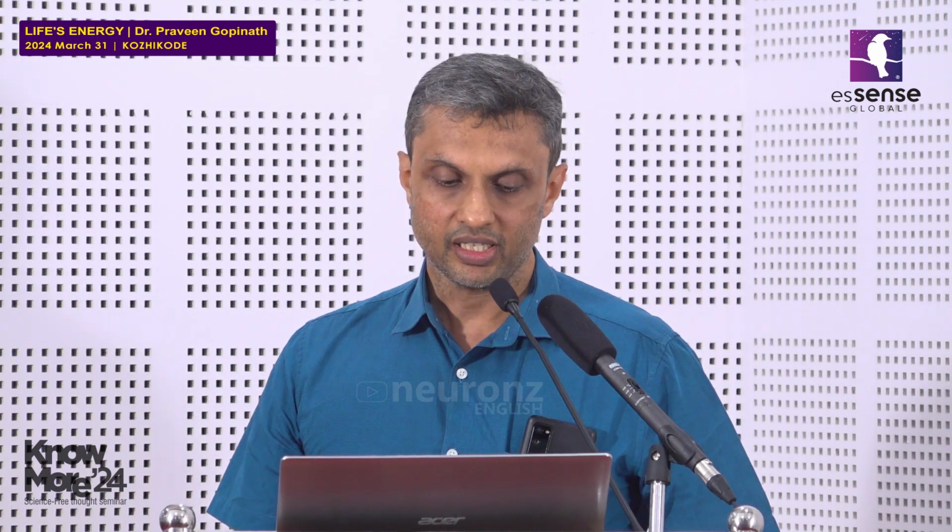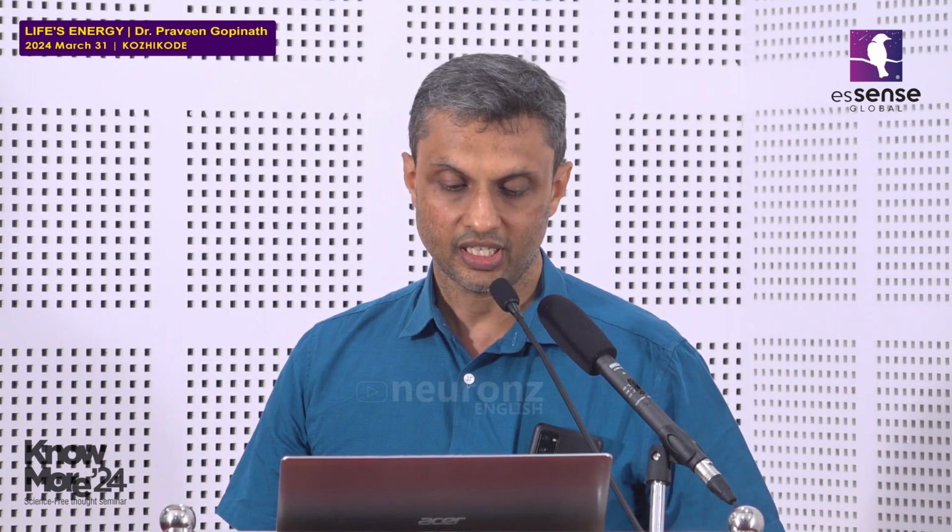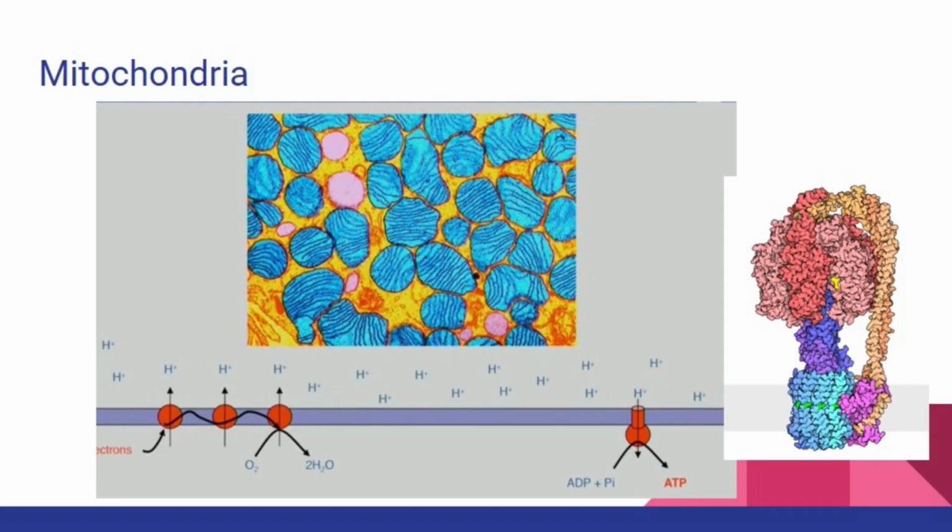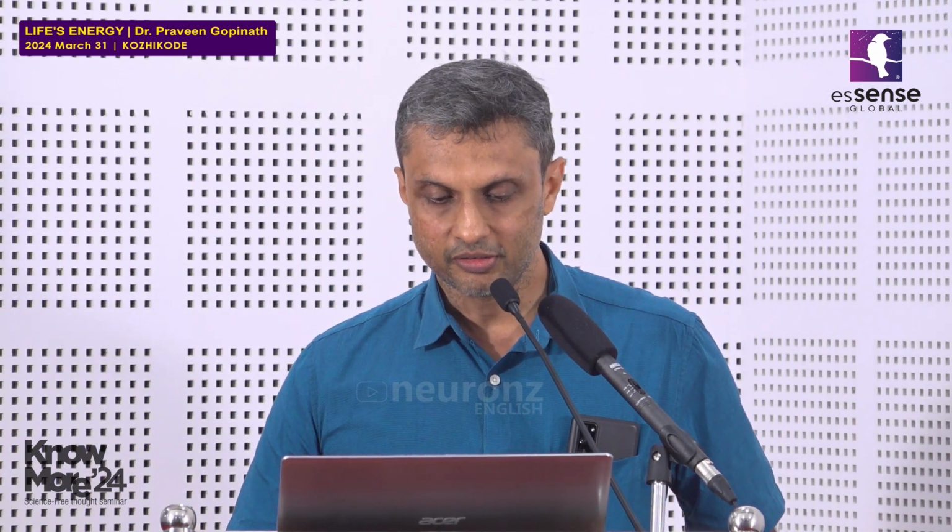So the electron transport chain creates a charge difference between either side of the membrane. Inside it's negative now, outside is positive. That creates about 30 million volts per meter, because the charges are small, but the membrane thickness is very small.